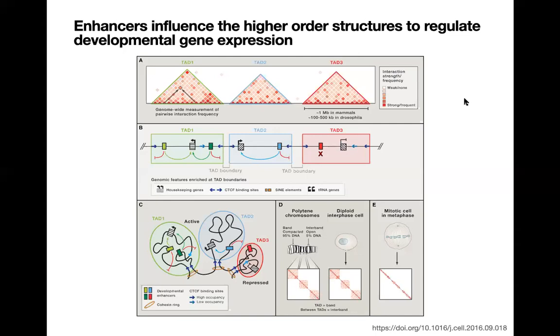So how would they look in different cell types? In the developmental scenario, promoters are regulated by enhancers, and these enhancers are different in different cell types, regulating gene expression. So would the TADs also look different in these different cell types?